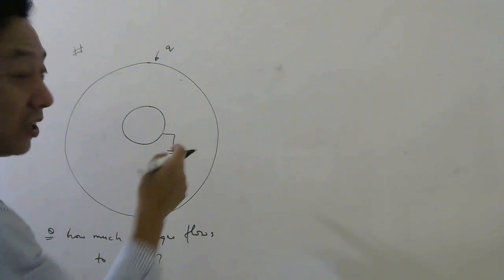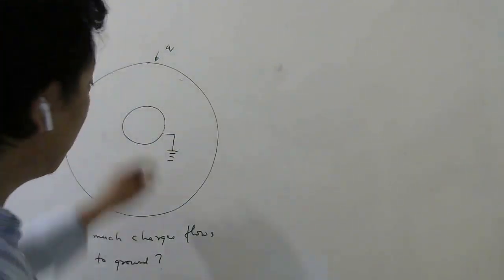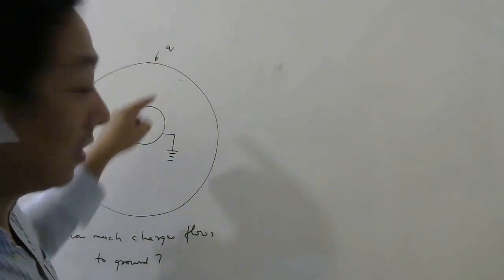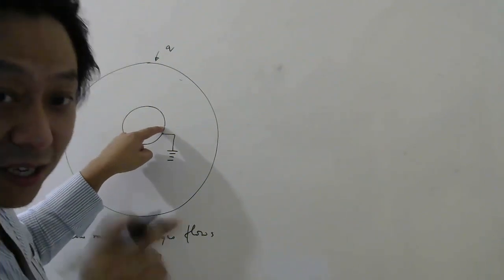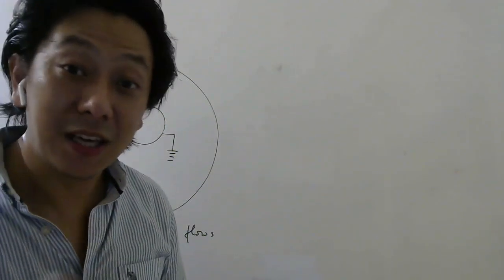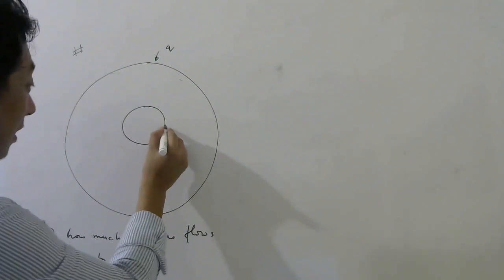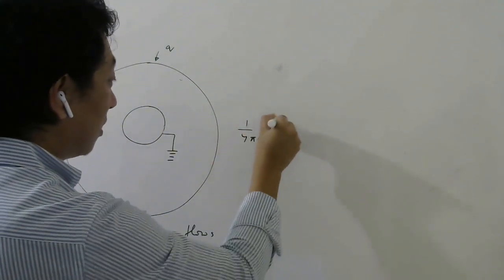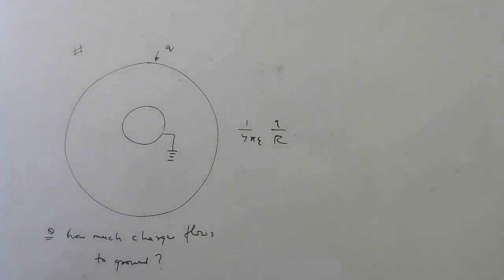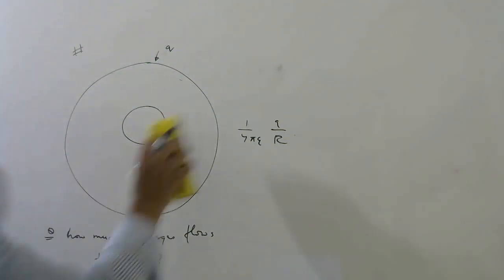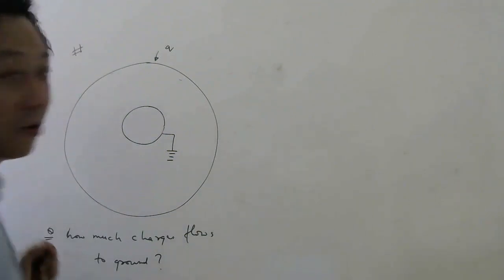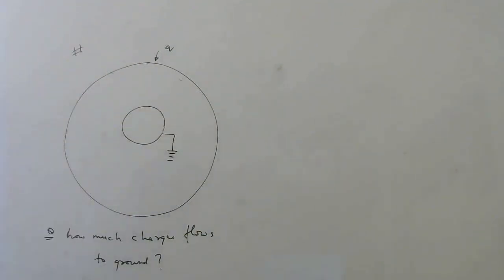Because this point is inside this shell, and the potential at every point inside is the same as on the surface. So potential here will be 1 by 4 pi epsilon naught q by r. But you know the potential of this has to be 0. So this is not how the situation will be.